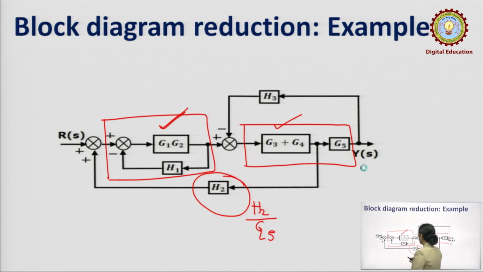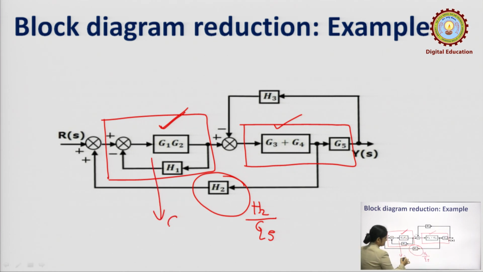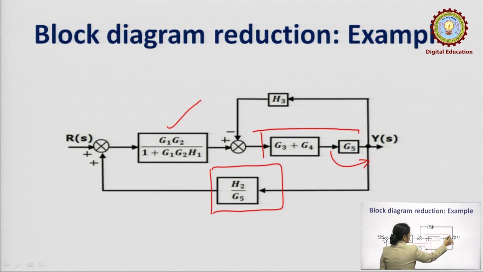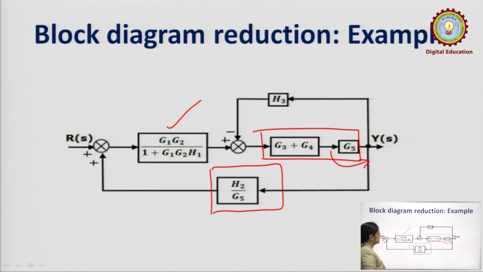This block could be written as G1 G2 divided by 1 plus G1 G2 H1, right. So, G1 G2 upon 1 plus G1 G2 H1. So, this part is now solved. These two blocks are in cascade, and this combination with the feedback loop H3 is the next step.